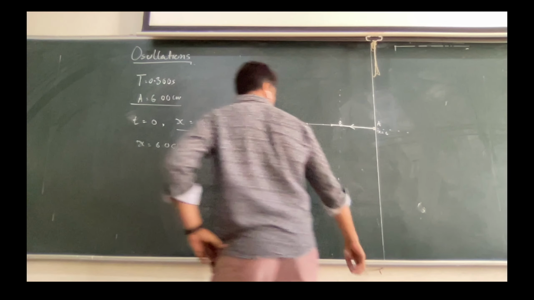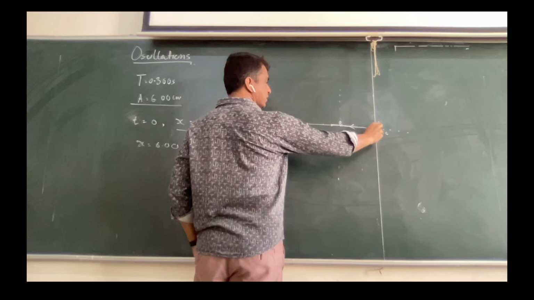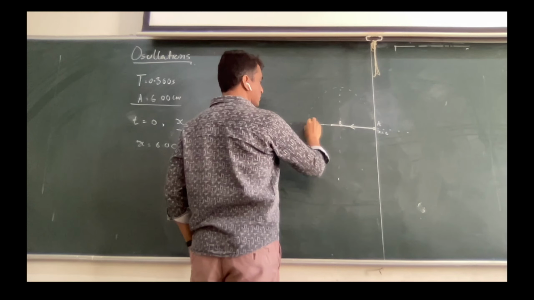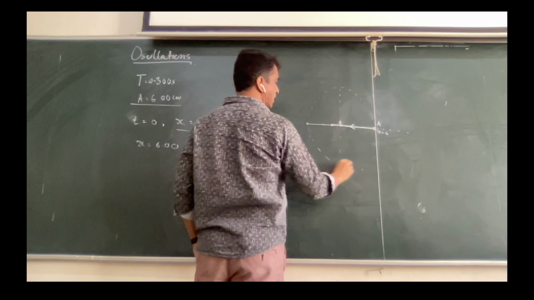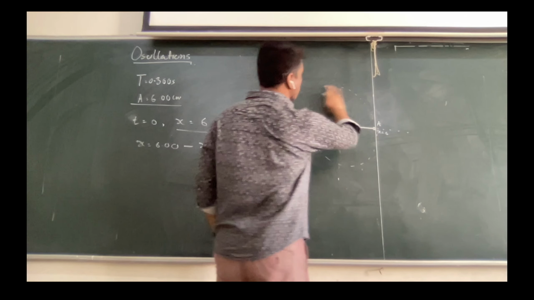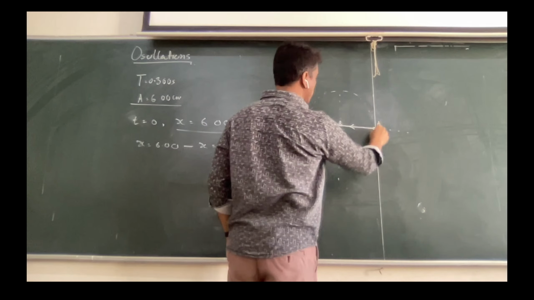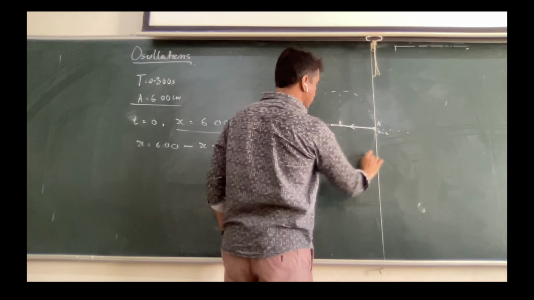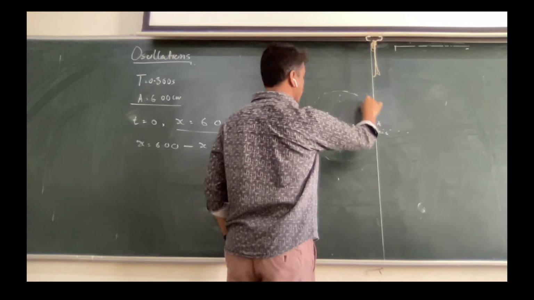So what I will do is draw a circle taking this line as diameter. Okay, let us assume that this is a decent enough circle.